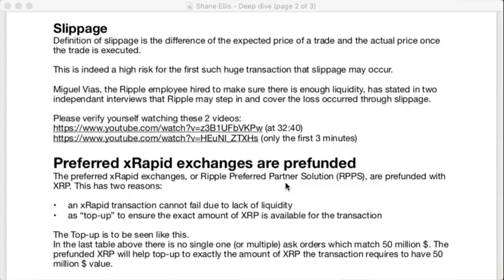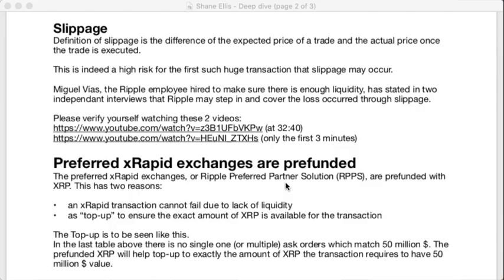To give you an idea why we have an expected price and an actual price, think about XRapid doing transactions, and this transaction includes giving the user initiating the payment several paths.